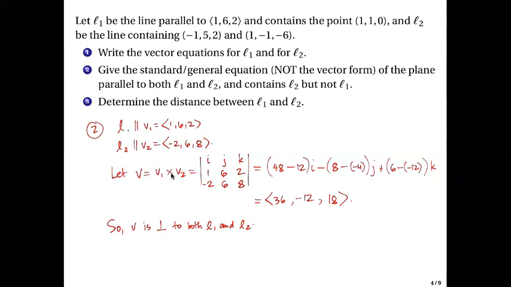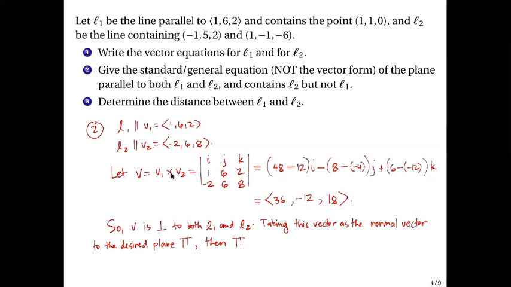Okay? So taking this vector as the normal vector to the desired plane, let's name the plane pi.